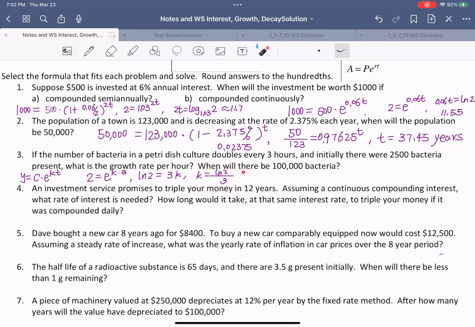And they ask you the amount of time when you have 100,000 bacteria. So that is going to be your target. You want to make this your new target.